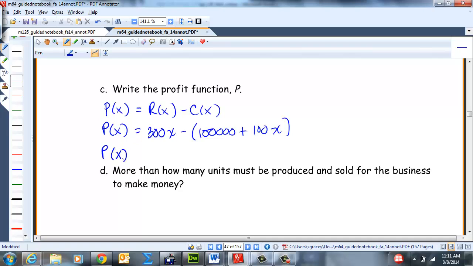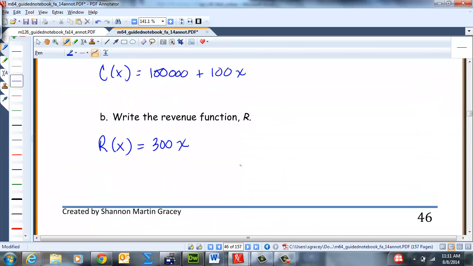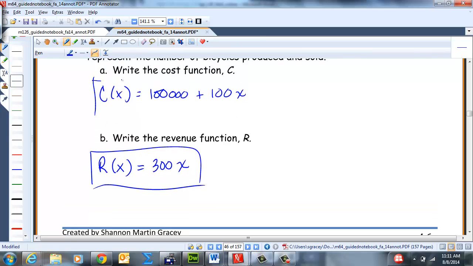So P at X will be 300X minus 100X is 200X minus 100,000. So let me box these because that's our answer for these.